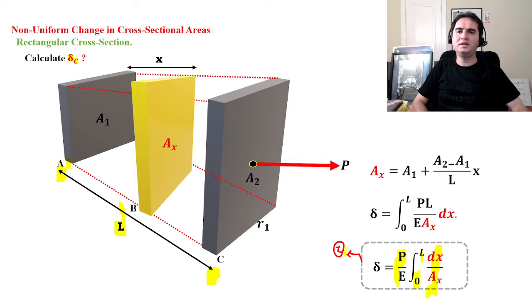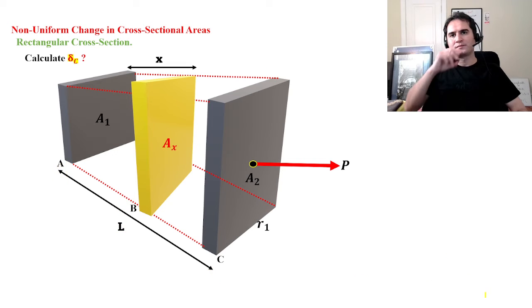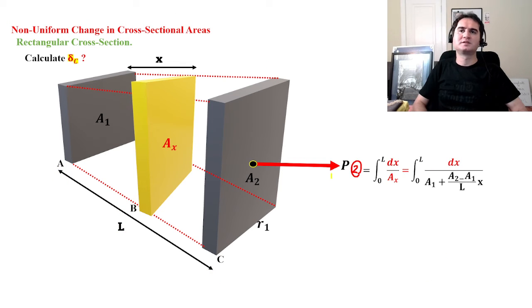If we call the main equation equation 1, and call the variable part, the integration part, equation 2, let's see how we can solve 2. That's the integration from 0 to L of dx over Ax.